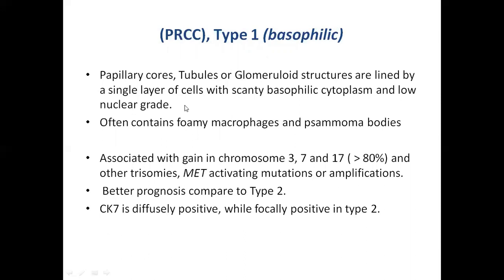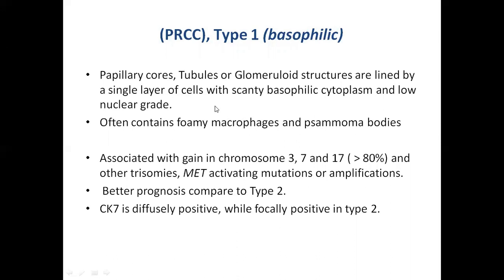As we discussed about nuclear grading when we were discussing clear cell carcinomas, when we discuss type 2, we will see in the histology that their nucleoli are much more prominent, and they have a higher nuclear grade compared to type 1, which has a very low nuclear grade, and their nucleoli are very inconspicuous as well.